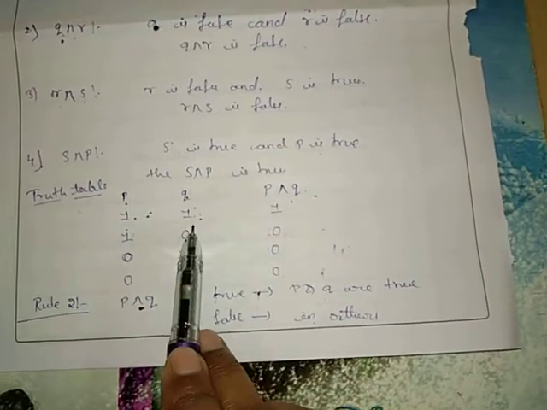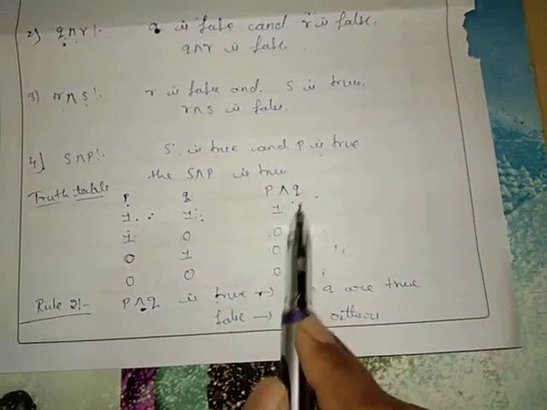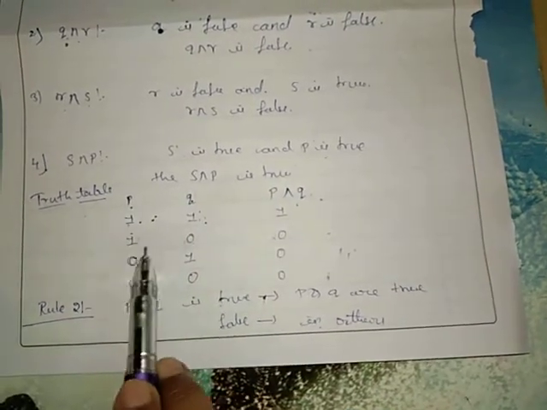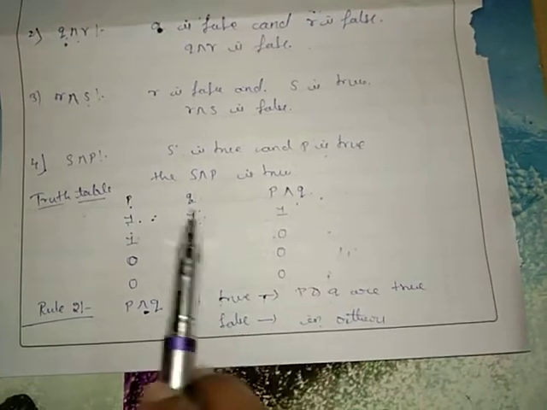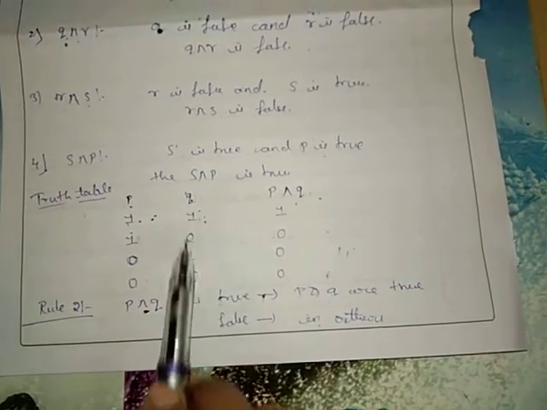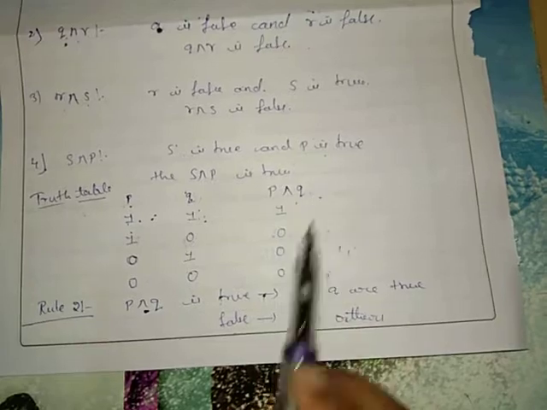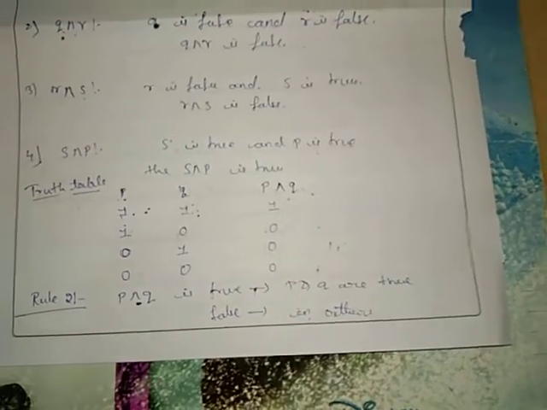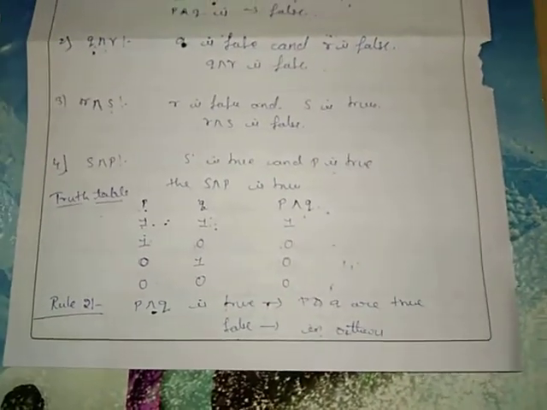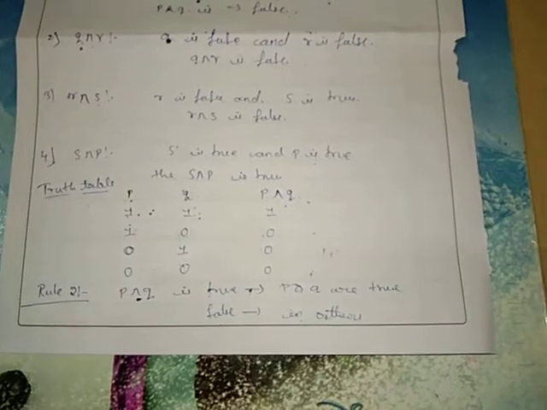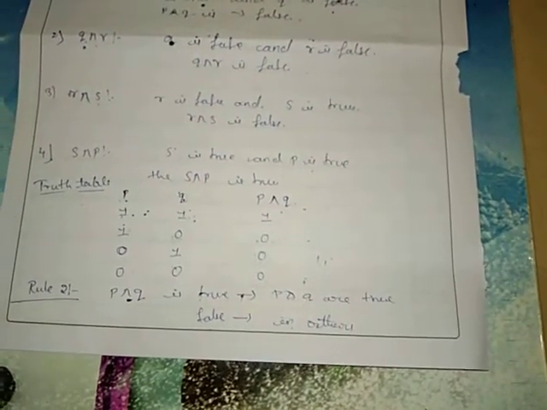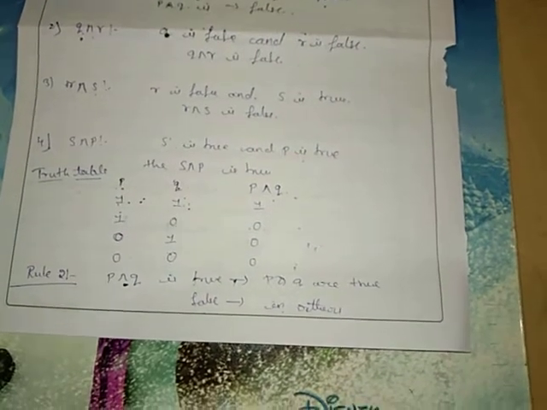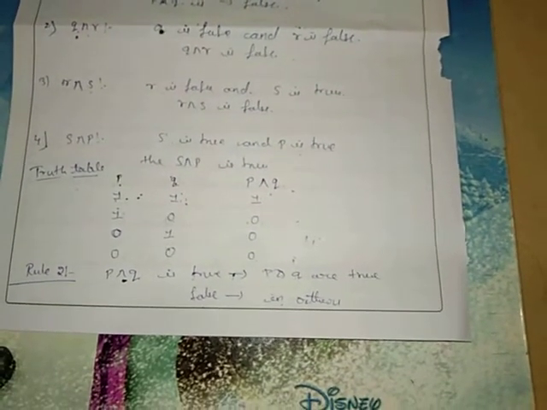If P is true, Q is false, P and Q is false. P is false, Q is true, P and Q is false. P is false, Q is false, P and Q is false. So the rule states that P and Q is true only if both P and Q are true, and it will be false in all other cases.